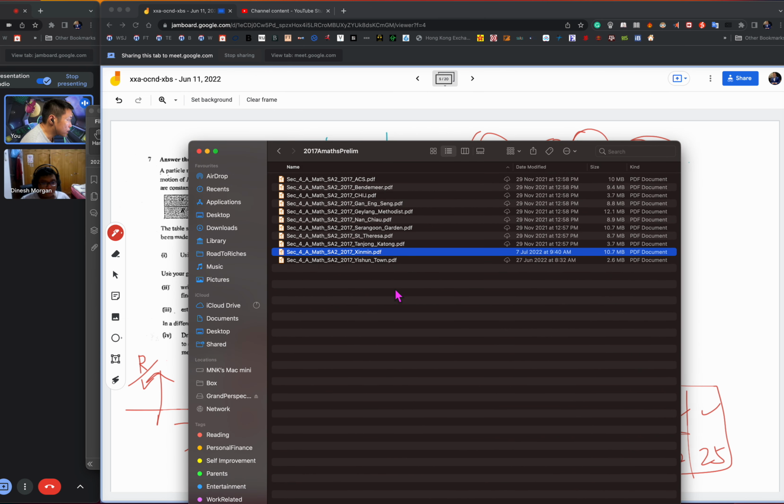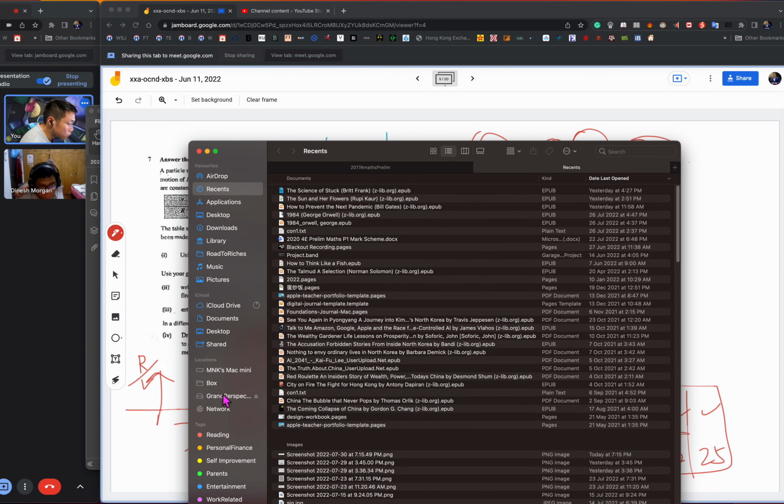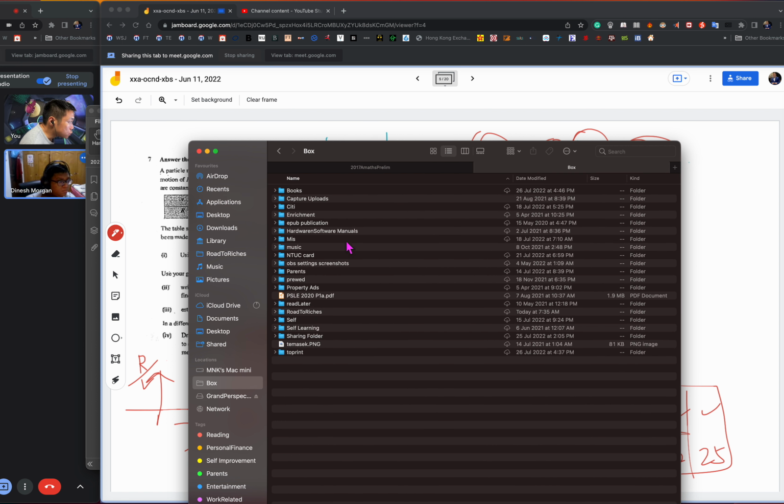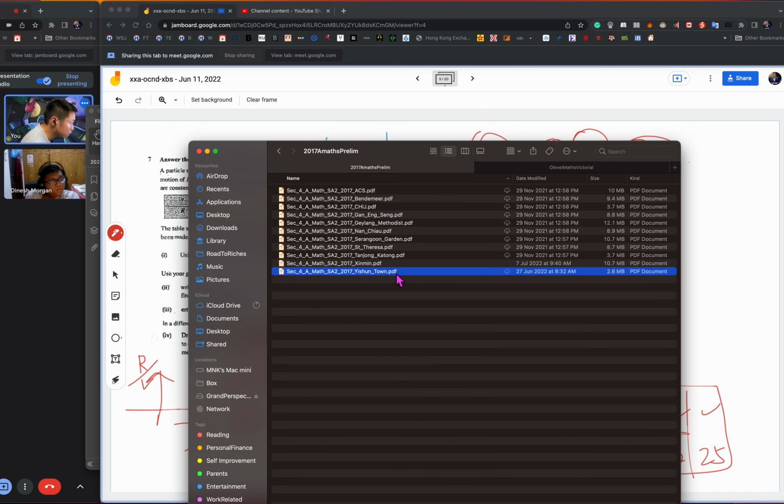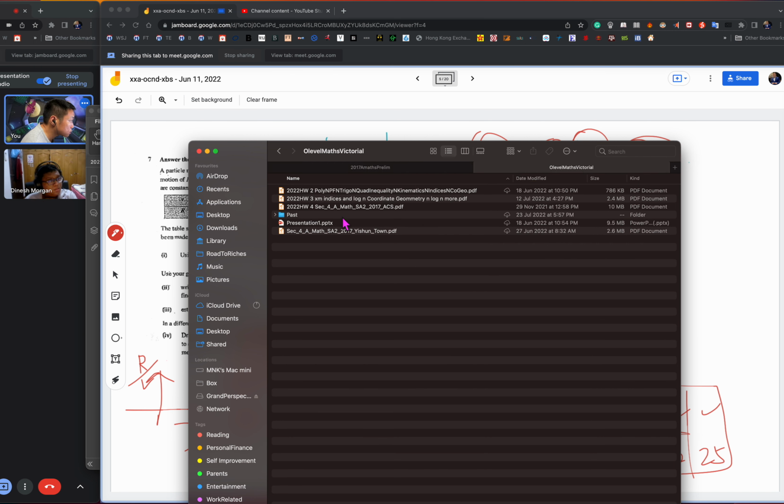So we have Xinmin, we have this. Let's do the Yishun Town paper this time round. Can you check whether you get Yishun Town already? Yep, the Dropbox. Just refresh it, it should be there pretty soon.